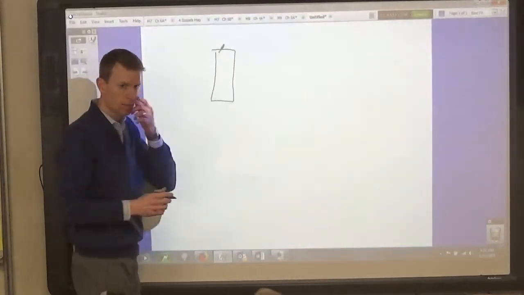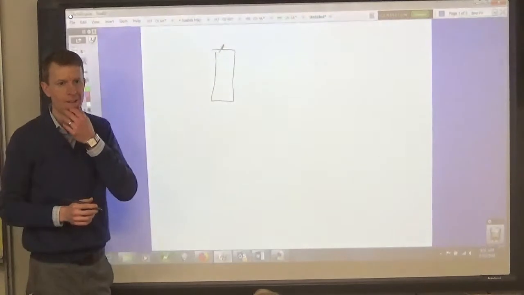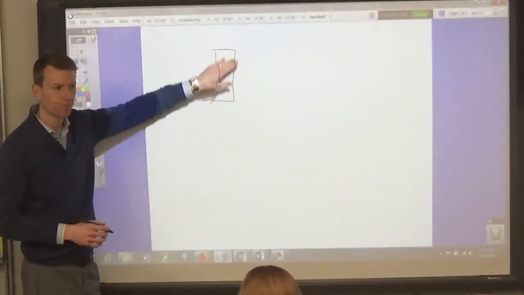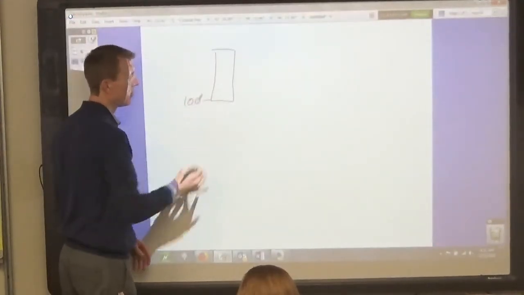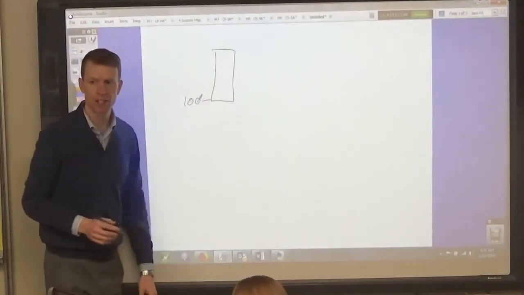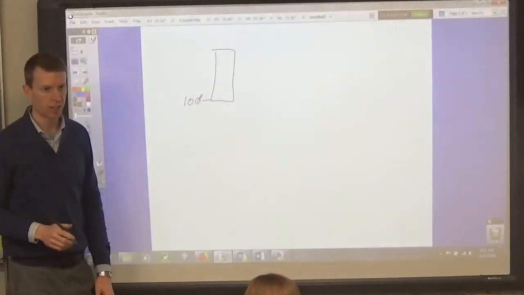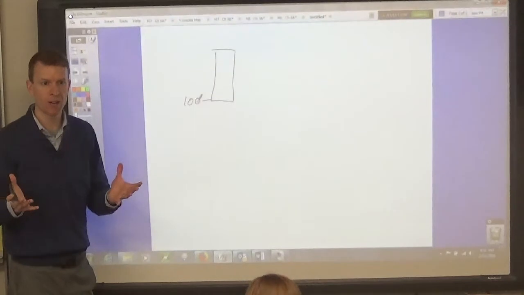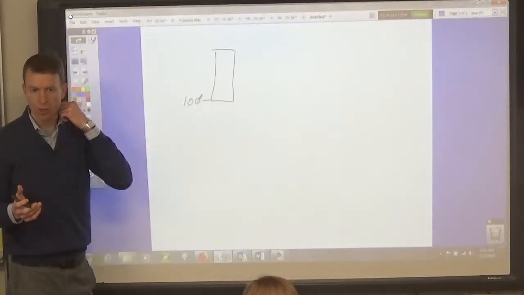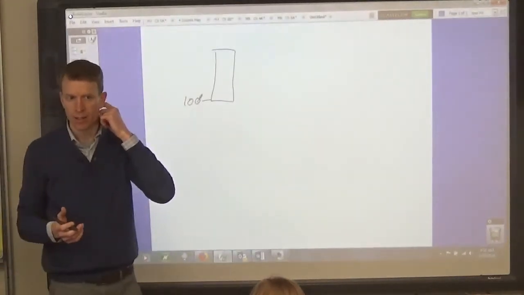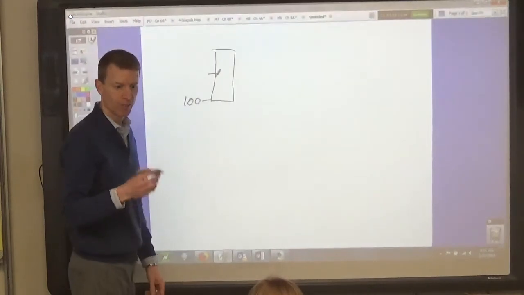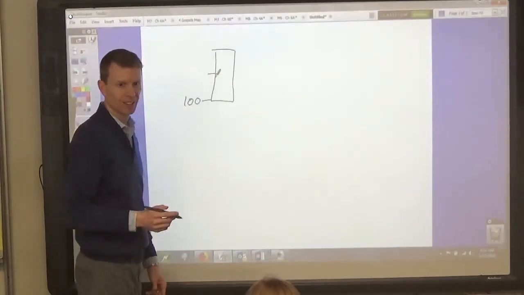So draw your line, or draw your model, put in the 100. 207 is 46%. So can we put 46% on the model? Where would you put 46% on the model, Kaden? Above the 100. So write that down. Everyone, come on.